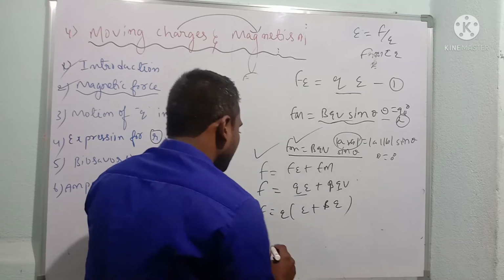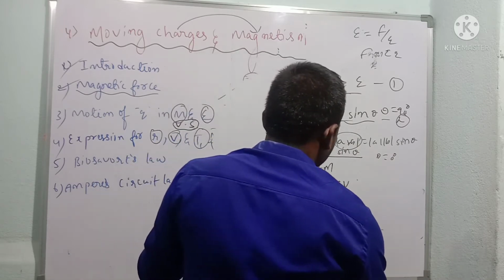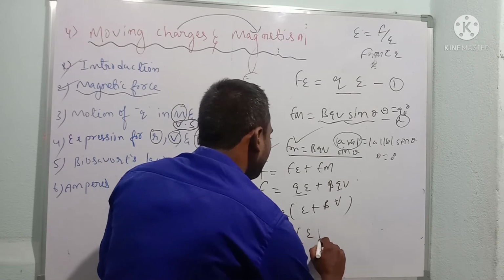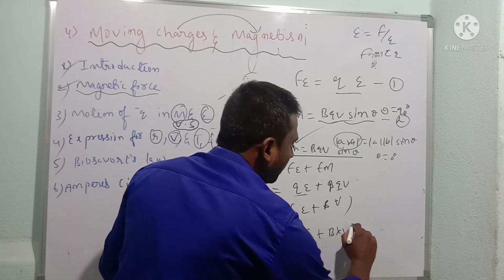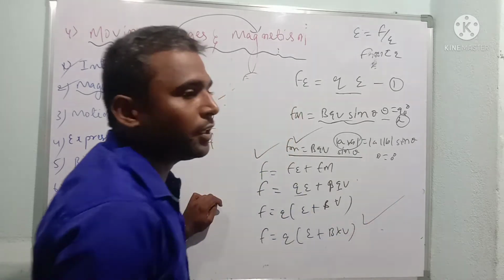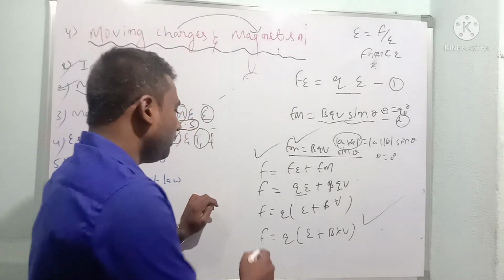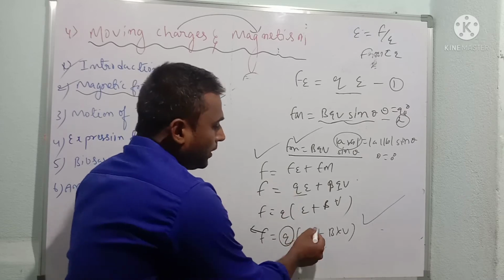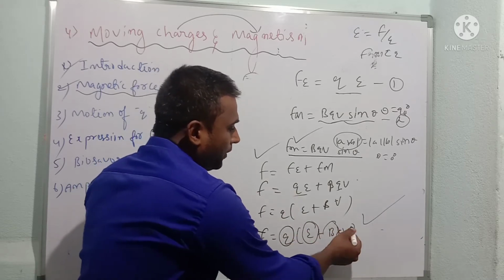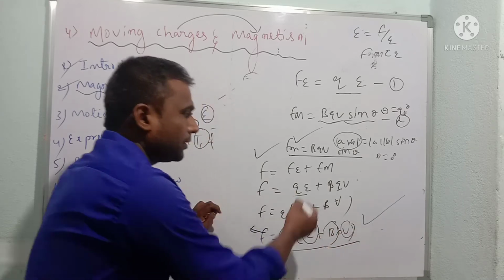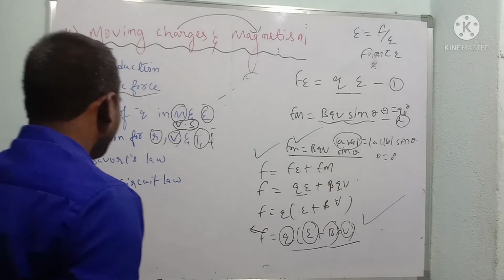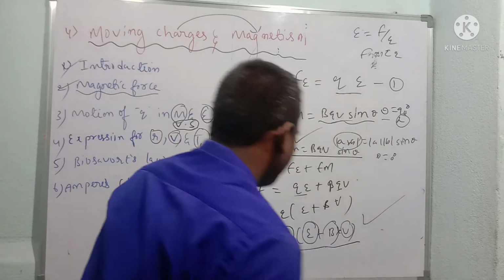So F is equal to Q into E plus V cross B. This is the expression for Lorentz force, where F is called Lorentz force, Q is charge, E is electric field, B is magnetic field, and V is velocity of the charged particles. Please note down.